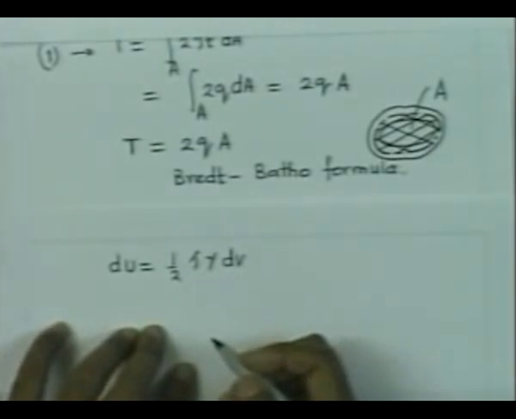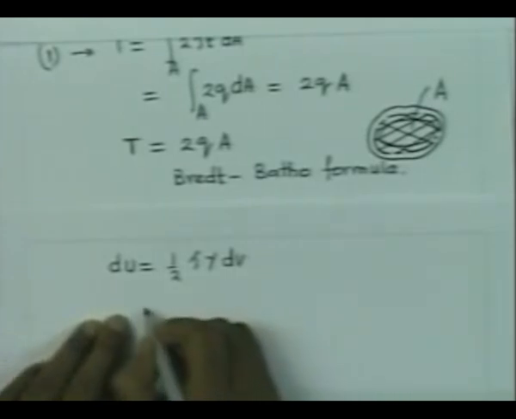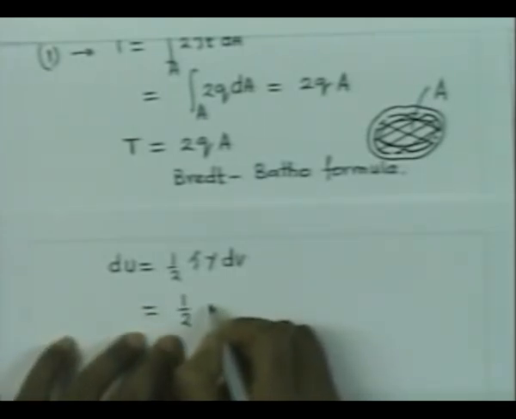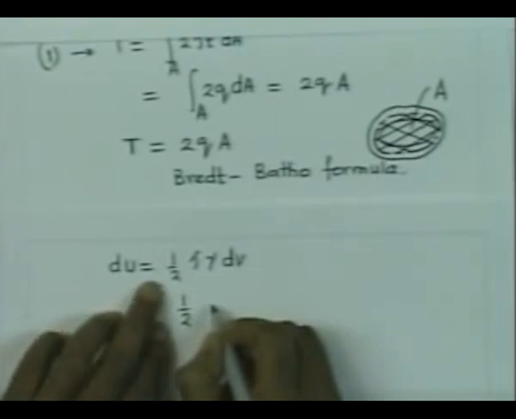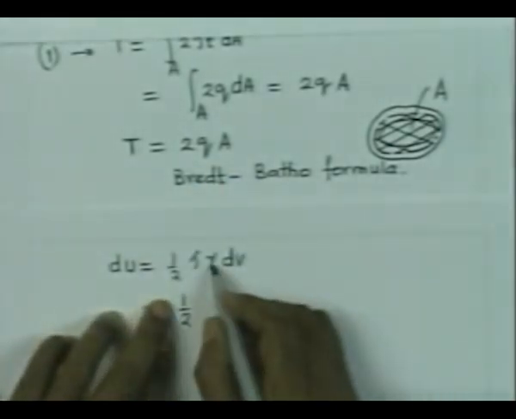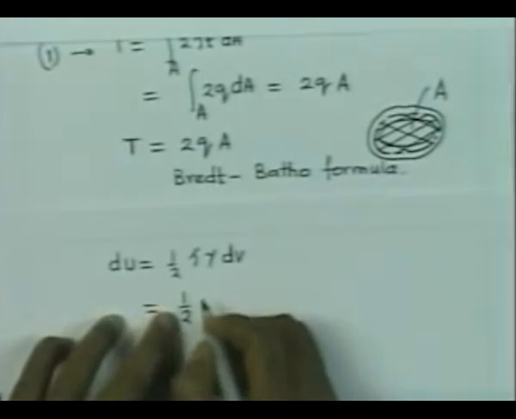Here you will find that shear stress is constant at a particular location on the circumference of the section, and therefore, we can now make use of the Bredt-Batho formula. We can write the shear stress, and again we can also write the strain in terms of the torque using the formula, Bredt-Batho formula that we have derived.